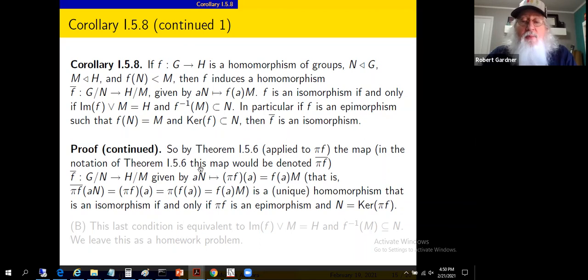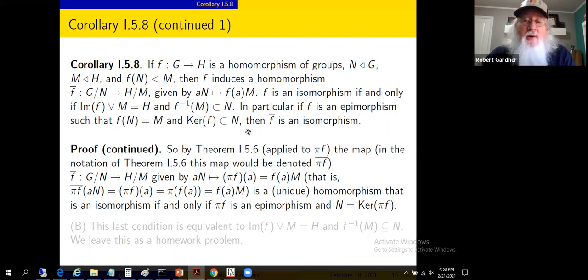So the function composition is spelled out in detail in the next line. So theorem 1.5.6 gives us the existence of this homomorphism. In fact, we weren't addressing uniqueness here, but theorem 1.5.6 gave us that there's a unique homomorphism that behaves like that. And theorem 1.5.6 told us this thing is an isomorphism if and only if pi f is an epimorphism and the kernel is subgroup N. So we're getting a lot of mileage out of theorem 1.5.6 still.